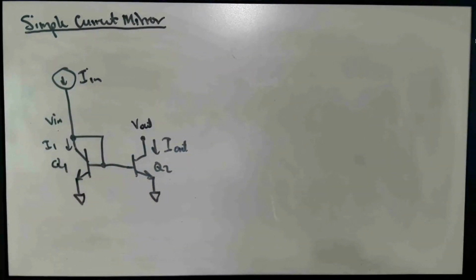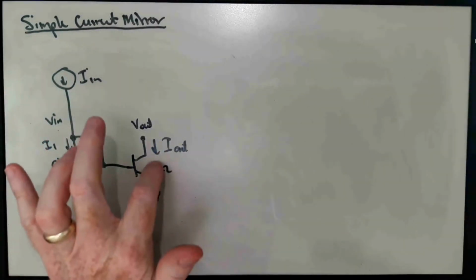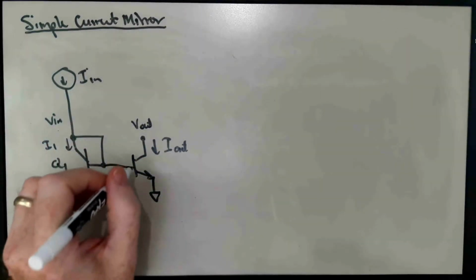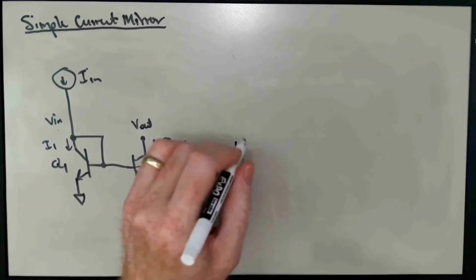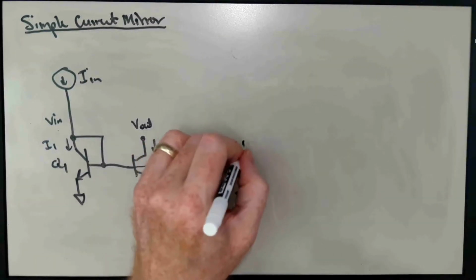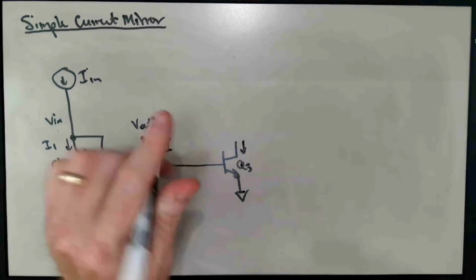If we can make one copy, could we do something like this? Have a third matched transistor, Q3. Let's call this now I2.